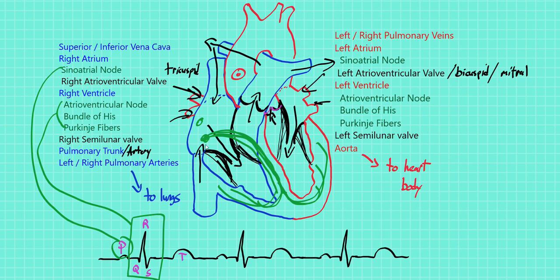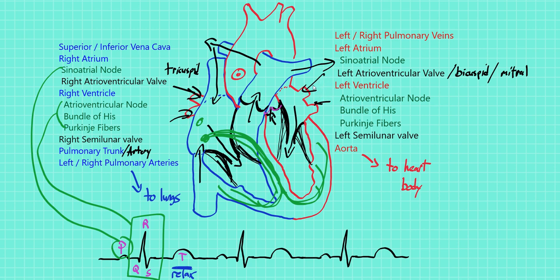The one thing we haven't mentioned yet here is this part of the ECG, which is the T part of the wave. This is relaxation. All four chambers of the heart, both of your atria and both of your ventricles, are relaxed at this point, so blood can fill them. Blood is under low pressure coming in, either through the superior or inferior vena cava, or through the pulmonary veins.